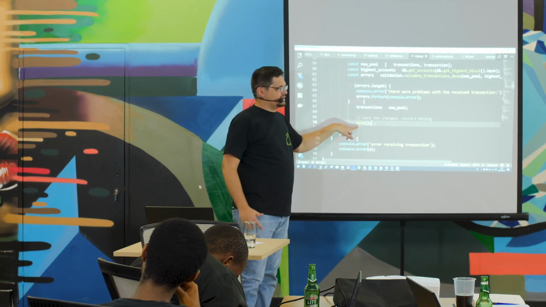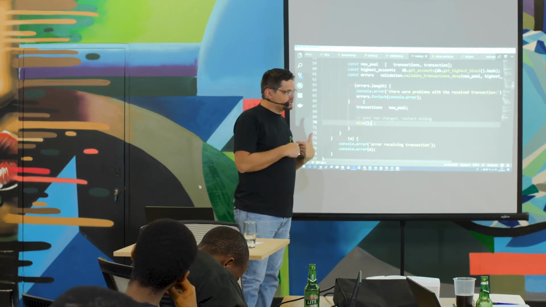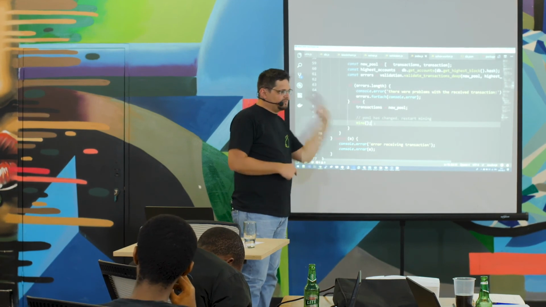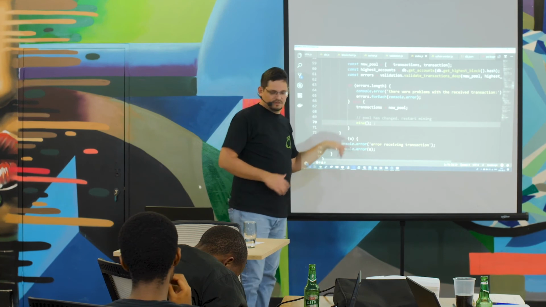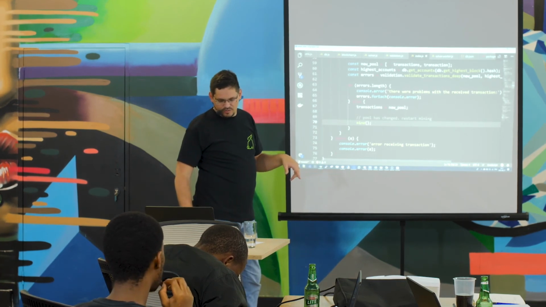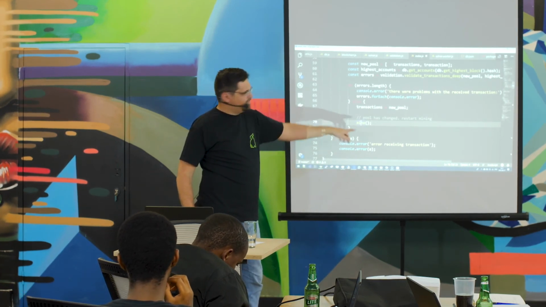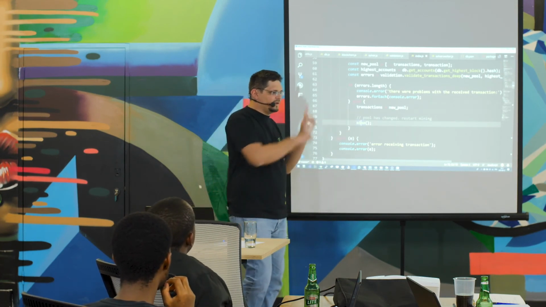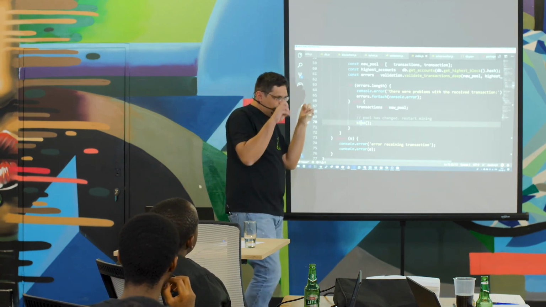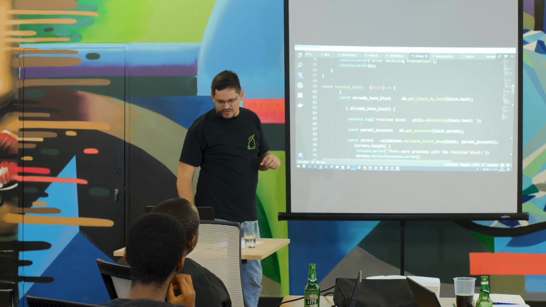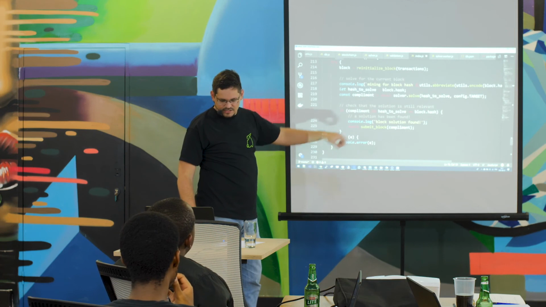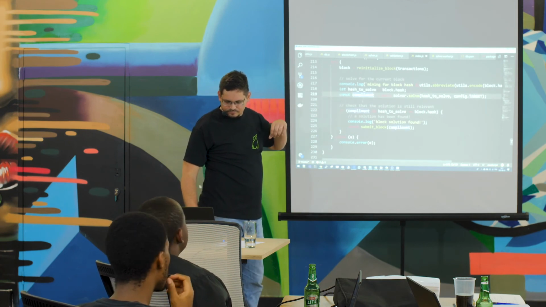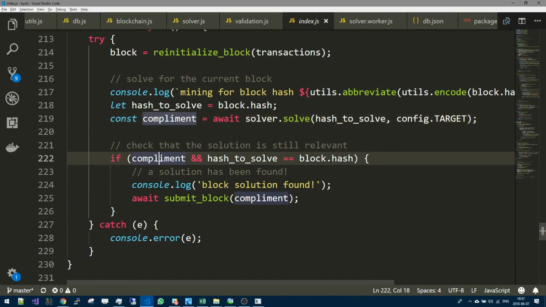Now, this is an interesting thing about the way the solver program works: it will update the problem. It will just continue mining with a new hash value. So there might be multiple of these mine calls. This mine function might be called while the other one is still going. But it doesn't matter, because in the mine function, as soon as it gets the complement, it's going to check if it matches the hash that it was called with.